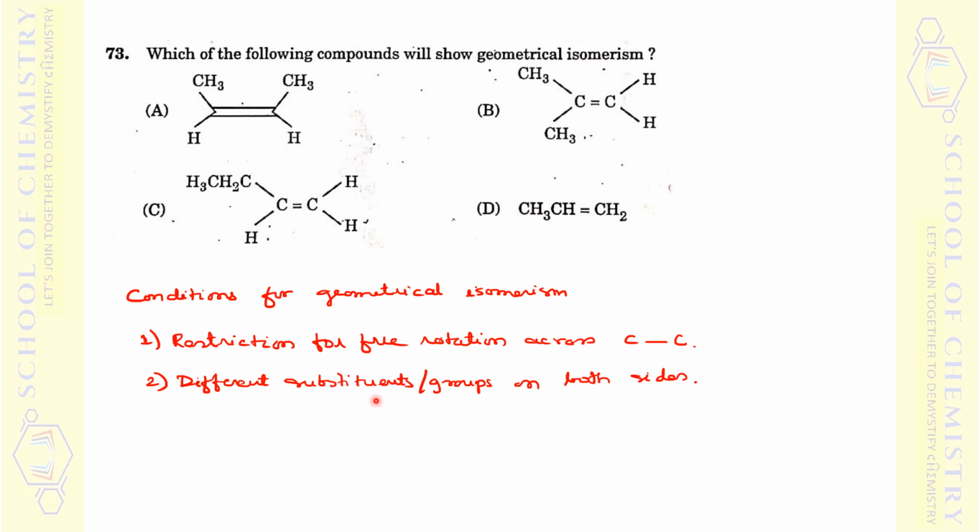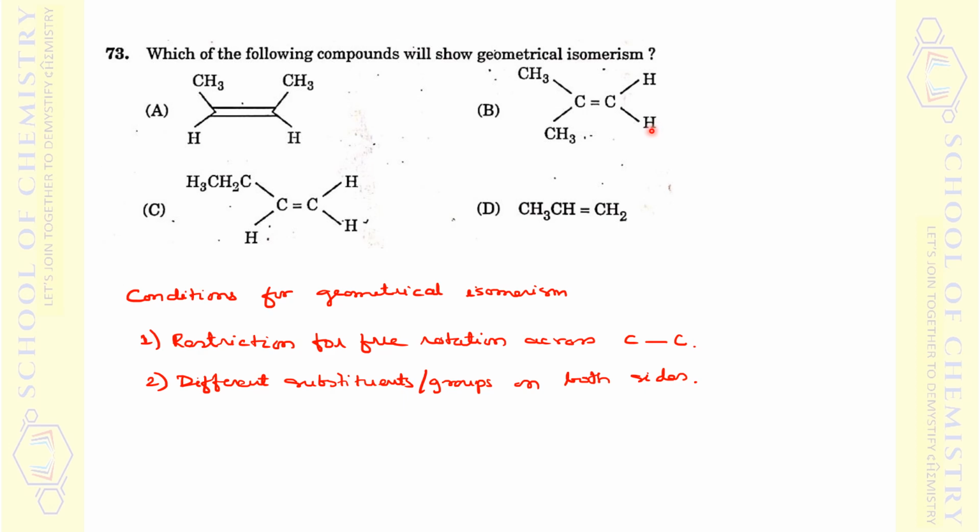The second thing is different substituent groups on both the carbon atoms. If you look here, both carbon atoms should have different groups attached, CH3 and H. These two groups are different, so it is possible. Here also these two groups are different, so it is possible. But if you look at the other options, see here, on one of the carbon atoms both the groups are hydrogens.